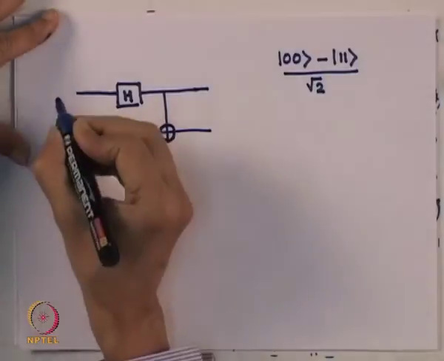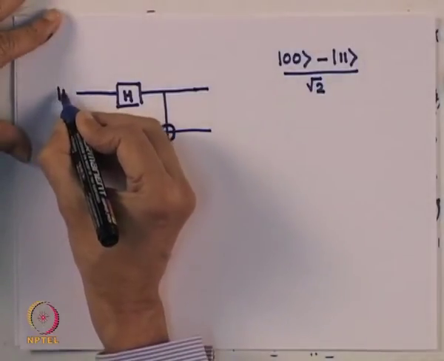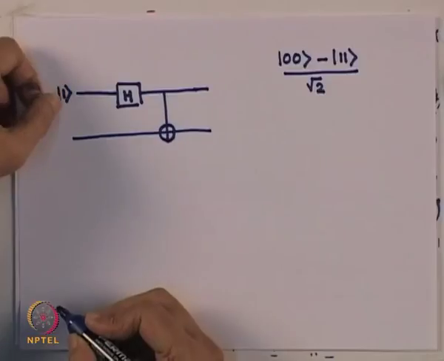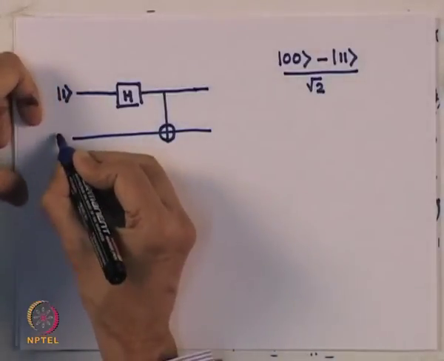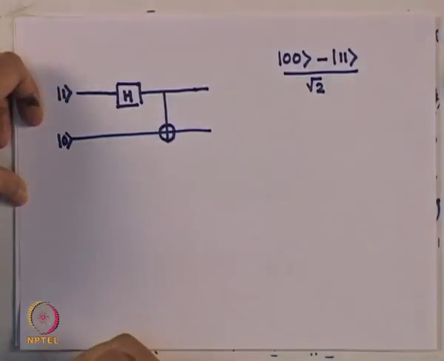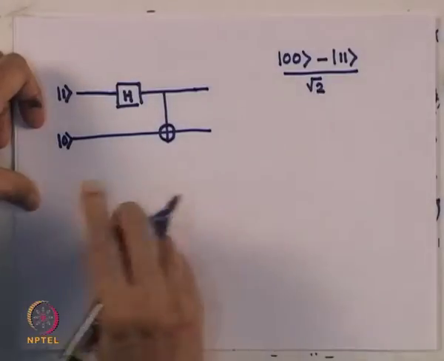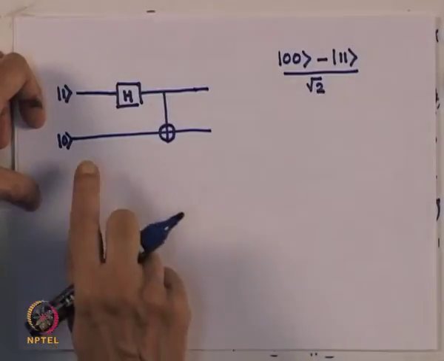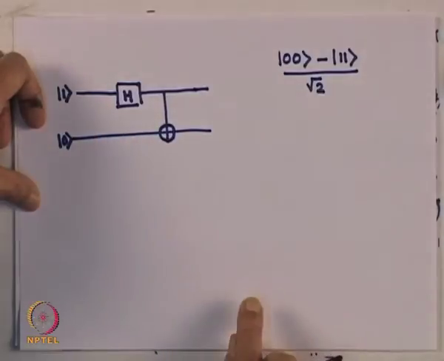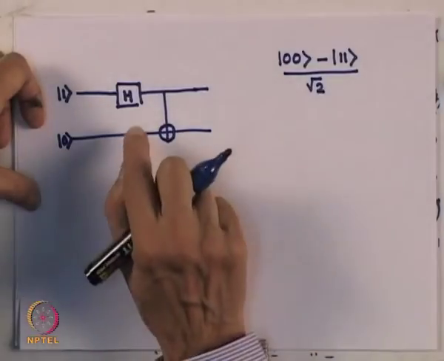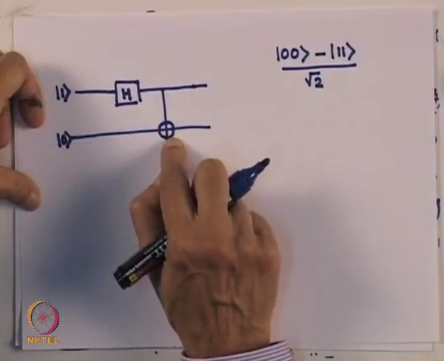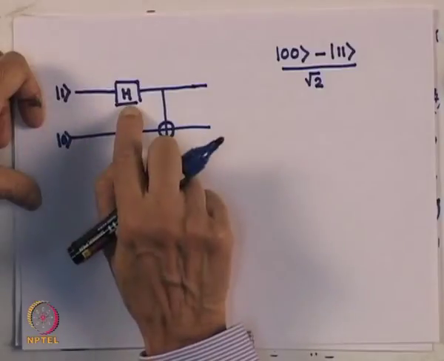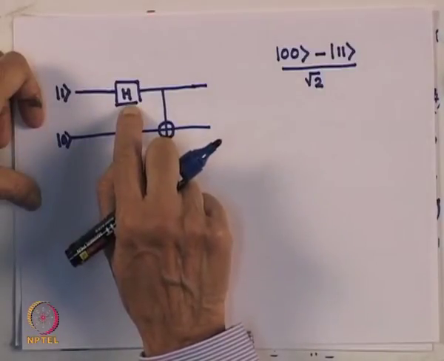Okay. So what I do is this. I fix my control bit, the first line, to be 1. And this one, I set it to be equal to 0 initially. Now the way this circuit is to be looked into is, this is just the direction in which the logic is flowing. Because in time H is appearing earlier than this, the first qubit would be subjected to a Hadamard gate.